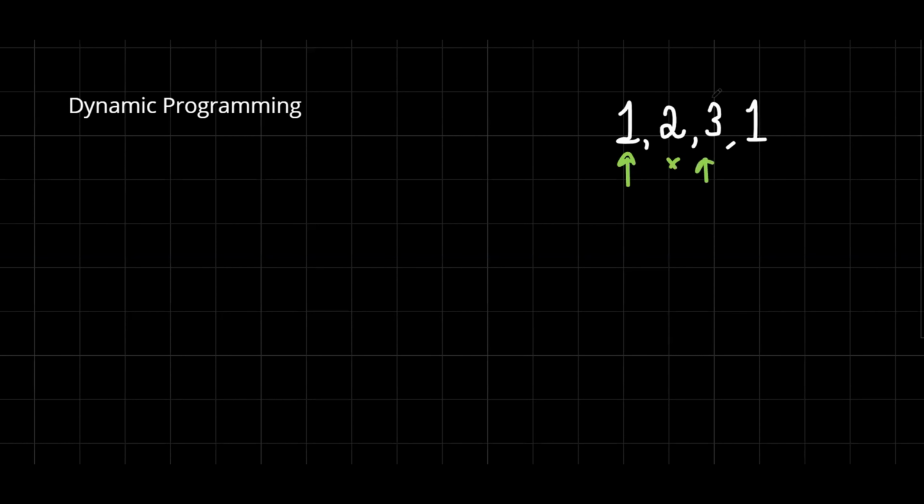As we take the third element, we cannot take the next element, which is 1, because it is adjacent. So in this case, the total summation is 1 plus 3, which is 4. Now, the main problem is, how can we solve this problem? We have seen that for each element, we have 2 choices. Either I can take it or I cannot take it.